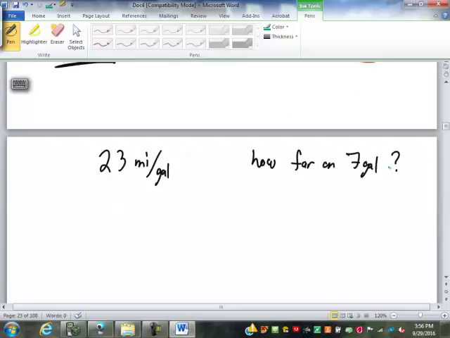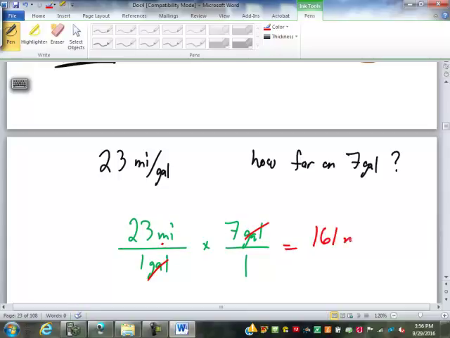You're going to just multiply 7 by 23, exactly. Well, how do we know that works? Well, because this is 23 miles per 1 gallon. I'm going to multiply by 7 gallons, put that over 1. The gallons cancel out, cross cancel out in the fractions. So that means we're left with miles. So we're getting a unit of 161 miles.